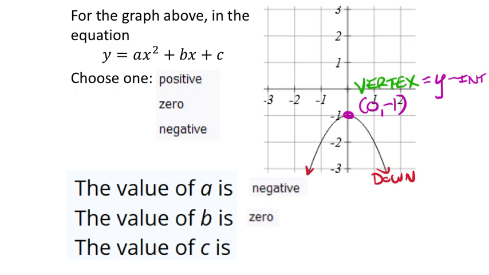Last thing I've got to do is figure out the value of c. Is it positive, 0, or negative? If it were 0, then it would have to be right at the origin. But right here, I can see it's below the origin, meaning the y-intercept is showing a negative y value, which means that the c value is also negative.